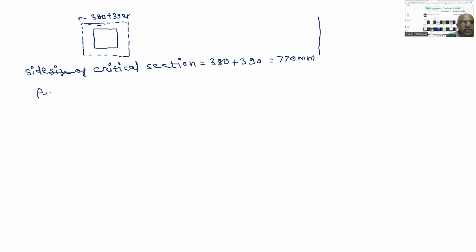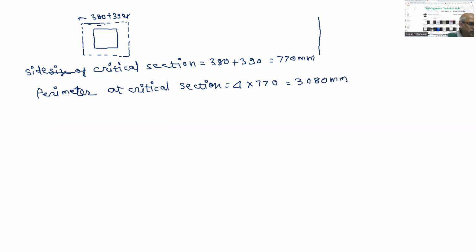As it is square, so we have perimeter at critical section. Same steps, we have perimeter at critical section, and that is equal to 4 into 770, and we have this value 3080 millimeters. So knowing this value, we can find area resisting shear.